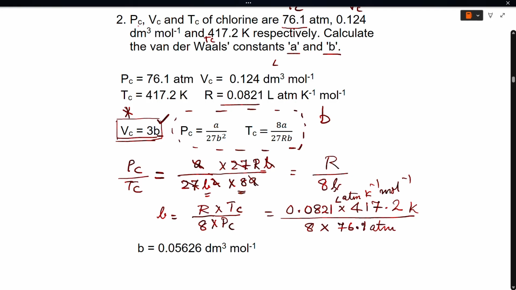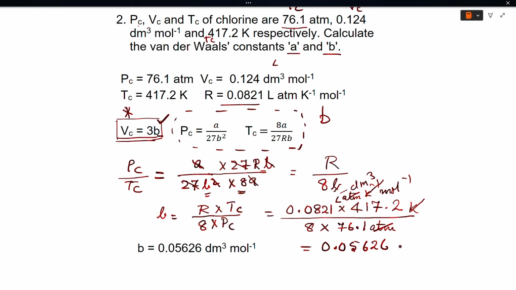Now, just check the values, K inverse and K get cancelled, liter atmosphere get cancelled. Solving for this, you will get the answer as 0.05626. Liter means decimeter cube. You can put it as liters per mole inverse, that is also okay, or as decimeter cube per mole inverse, it makes no difference.